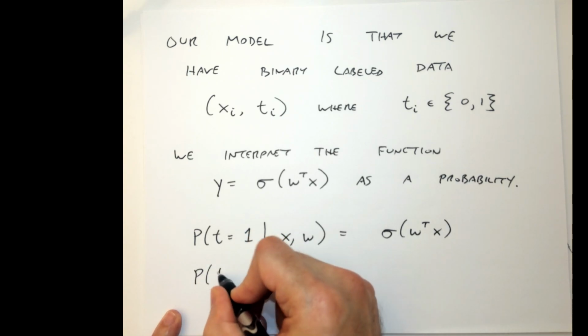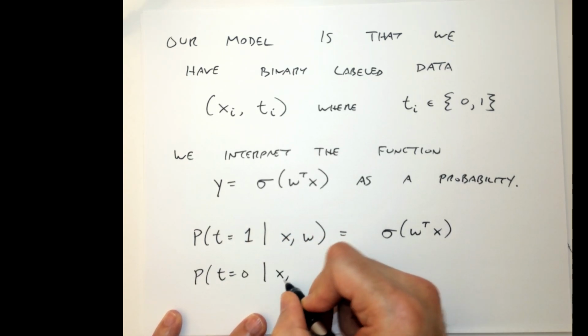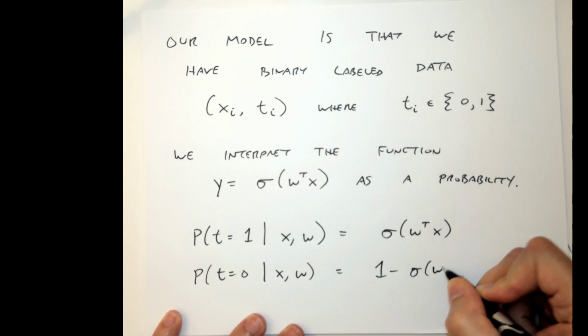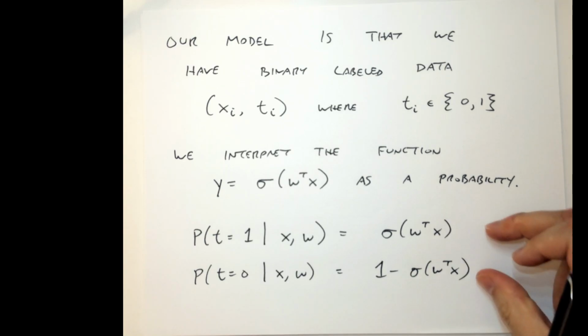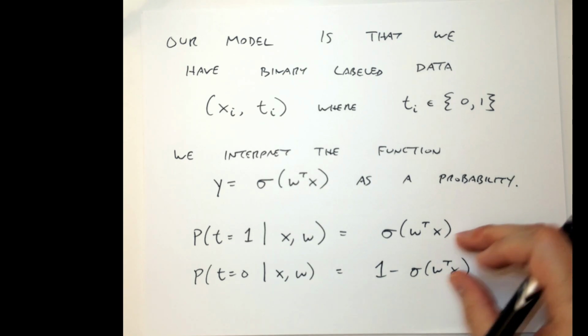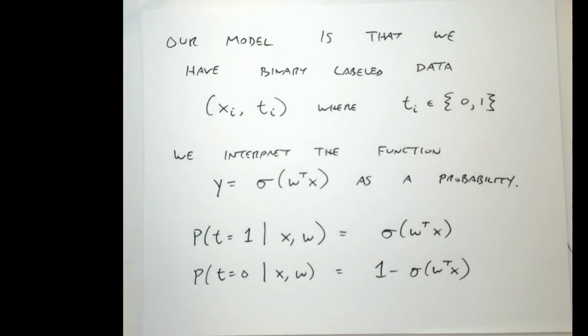And the probability that the class label is 0, given the data and the weights, is 1 minus this number. So this is like a posterior PMF over the two possible states of nature. Either my label is 0 or it's 1. These two numbers have to add up to 1. Okay.